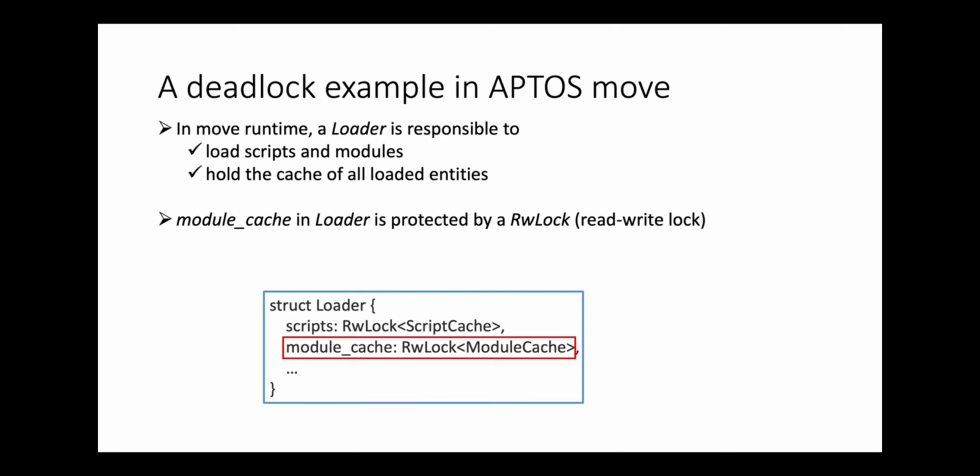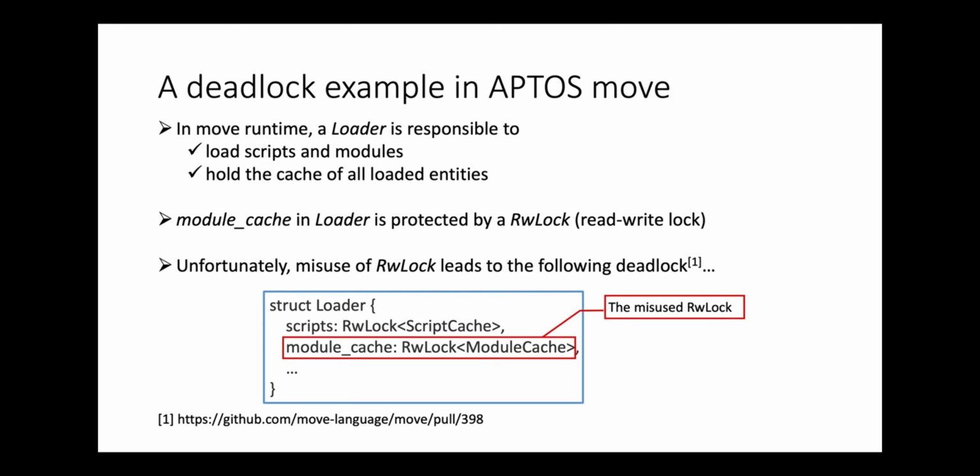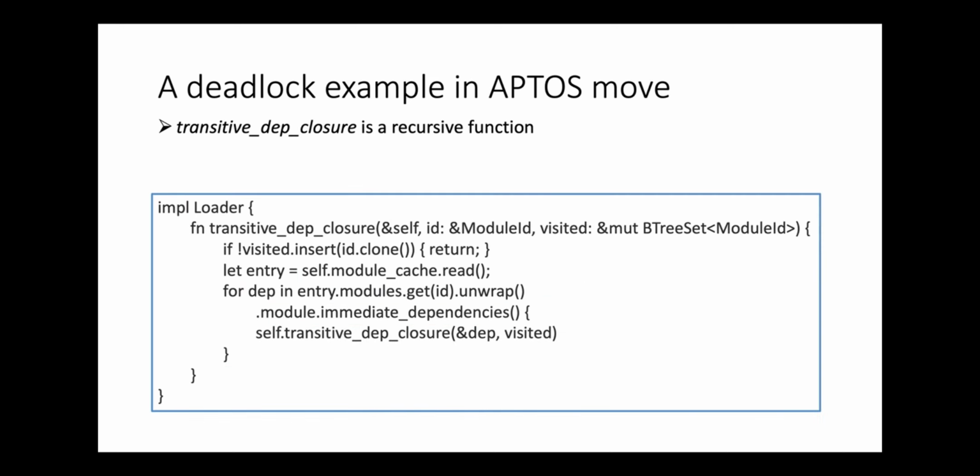Basically, it's a very basic programming primitive that provides concurrency properties and runtime behavior guarantees. Unfortunately, a misuse of these primitives can potentially lead to a deadlock. It actually happened in the loader's method called transitive_dep_closure.